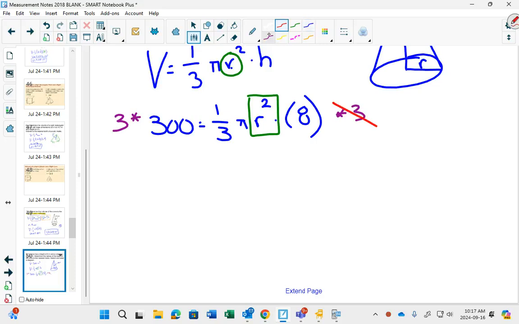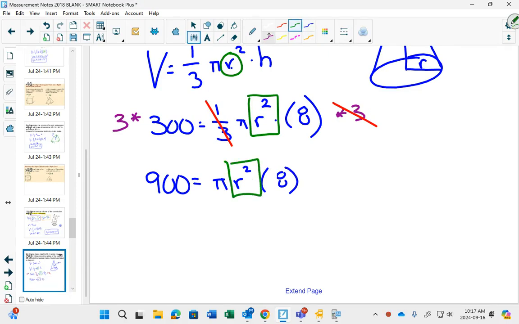And this multiplying by 3, I did that because it's the opposite of dividing by 3. That would cancel that out on the right-hand side, and I now have 900 is equal to pi, and I still have the R squared, and I still have the 8. My goal is still to get the R squared by itself.